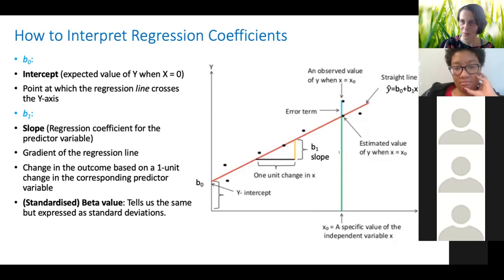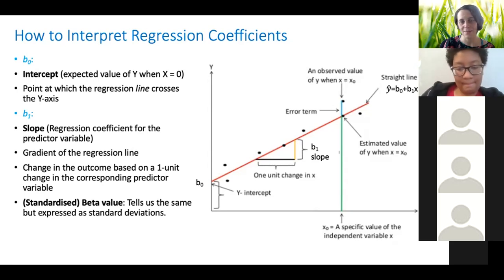If we are hoping to show that there's a relationship between the predictor and the outcome, then we're hoping for a slope that is not 0. The slope shows the direction of the relationship: if the slope is positive, you have a positive relationship; if it's negative, you have a negative relationship.